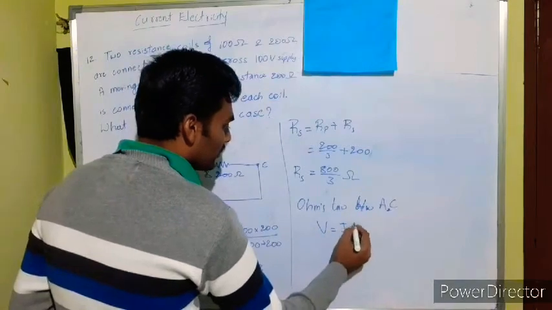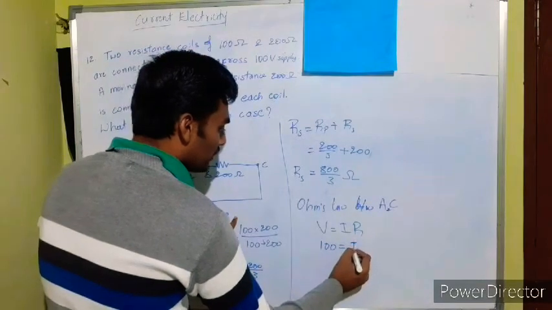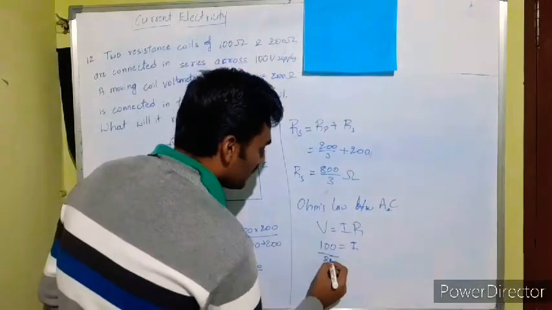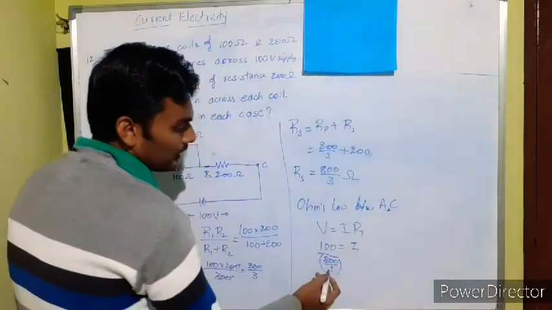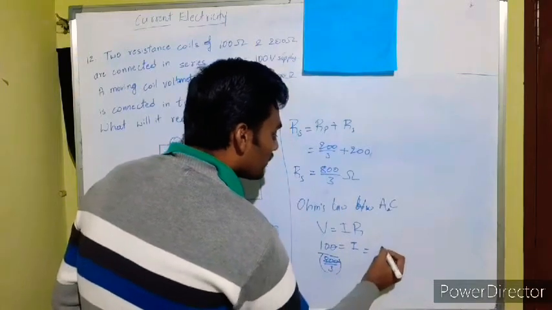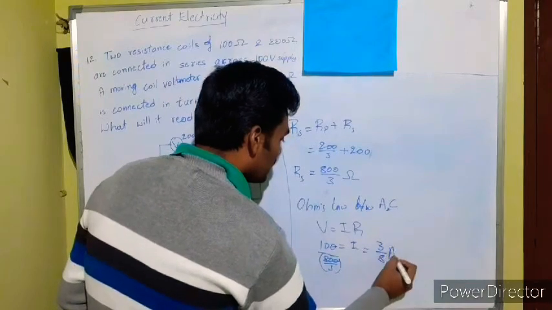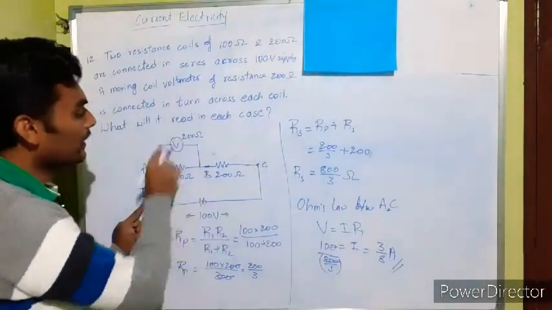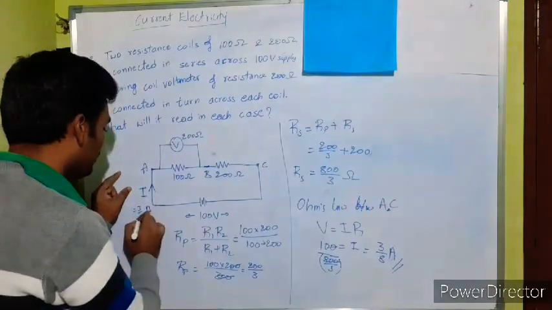The formula says V is equal to IR. The current has to be found, and the entire effective resistance is 800 by 3, right? I is equal to V by R. So these two zeros cancel, 3 goes to the numerator, and hence the current through the entire network becomes 3 by 8 ampere.